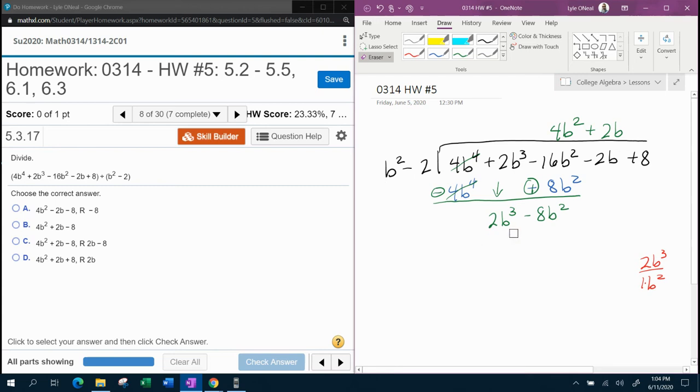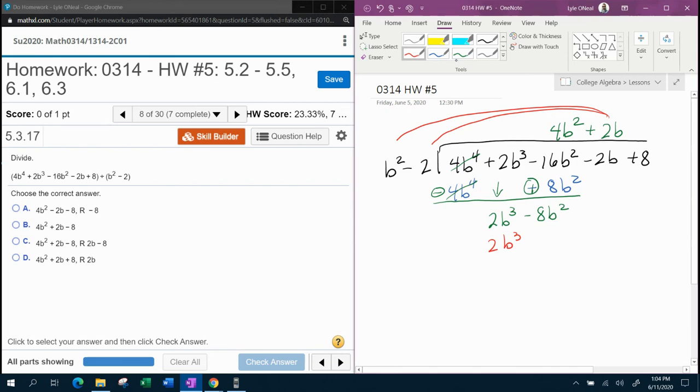And the next step is to take the 2b and distribute it to the divisor. 2b times b squared, that is 2b to the 3rd, which we can write right here. And then 2b times negative 2, that's going to make negative 4b.